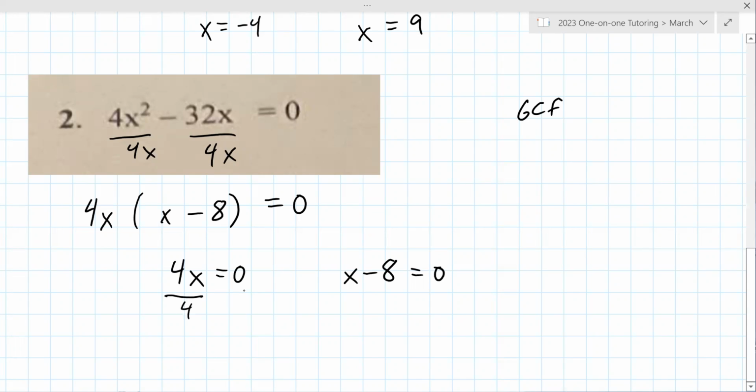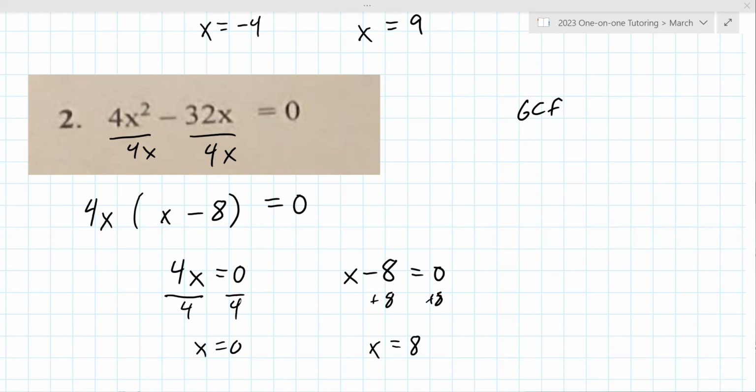On the left, you divide by 4. On the right, you add 8. Should get x equals 0 and x equals 8. Any questions on that before we move on to 4, 5, and 6, which are different?